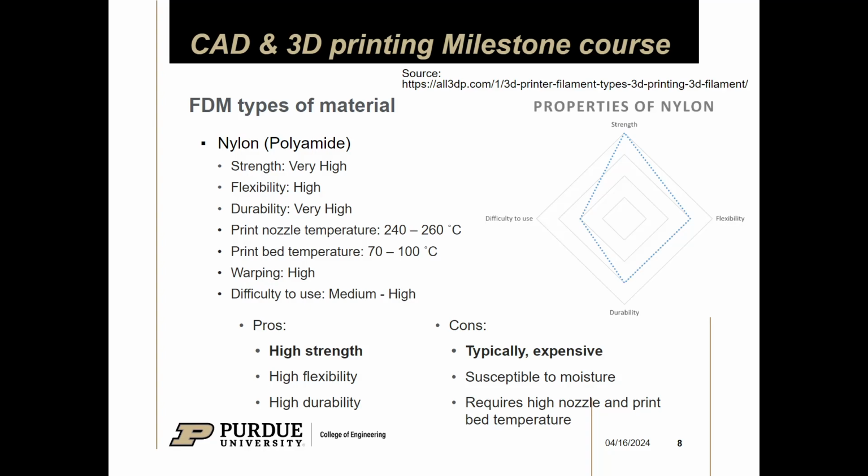It's very strong, stronger than all the other materials that I've talked about before, but it's also very flexible and durable. So if you want a more rigid material, you might want to choose a different one. But this one will usually hold up to whatever you throw at it. Typically, nylon is pretty expensive, so you generally don't see it a lot in desktop applications.